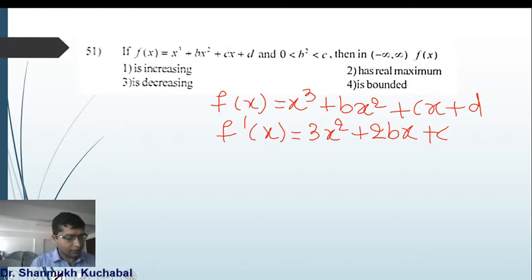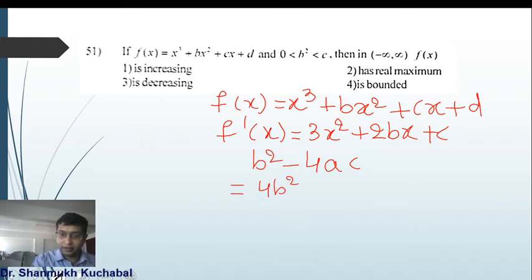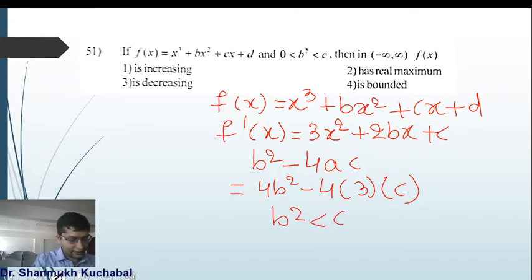Then further, it is a quadratic equation, so we take b square minus 4ac, which is 4b square minus 4ac, where a is 3 and c is c itself, right?